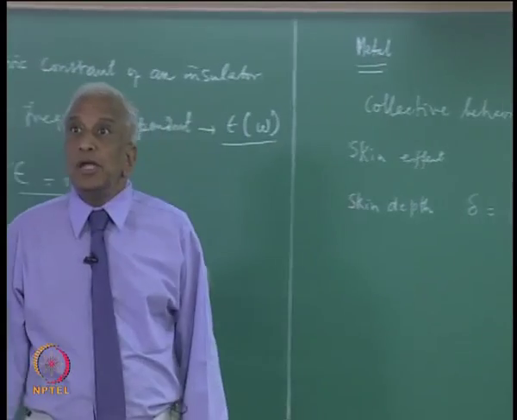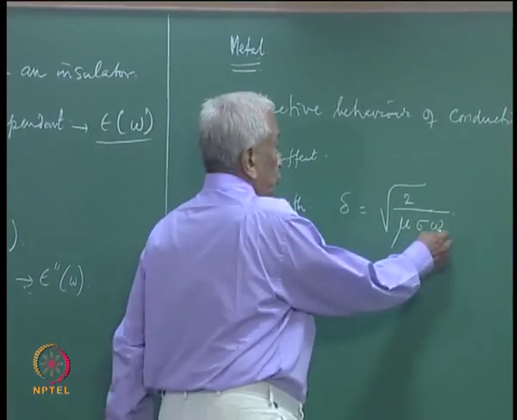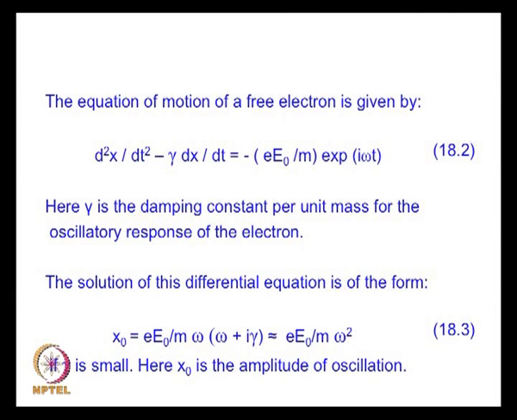Mu is the permeability, sigma is the conductivity, and omega is the angular frequency. So, this is one thing we will keep in mind.